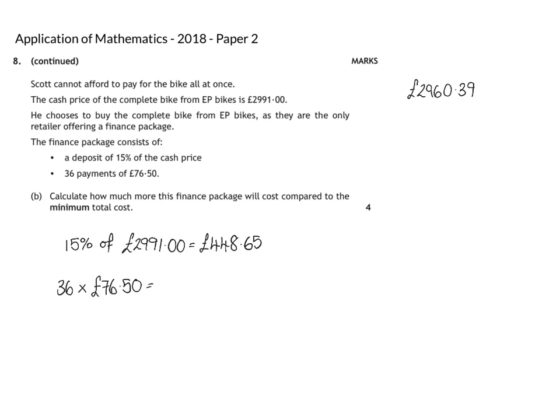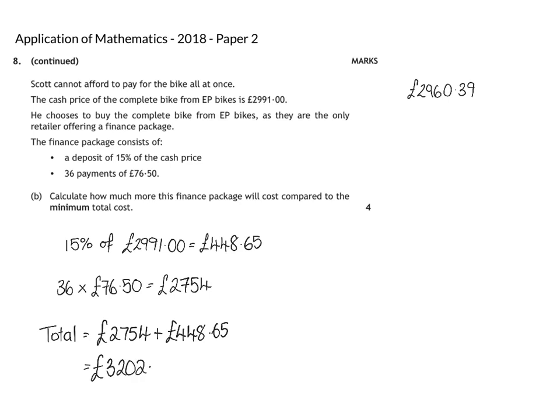So 36 times £76.50 gives us the answer of 2,754. So the total cost is going to be those two added together, so the 2,754 plus the £448.65, which is £3,202.65.